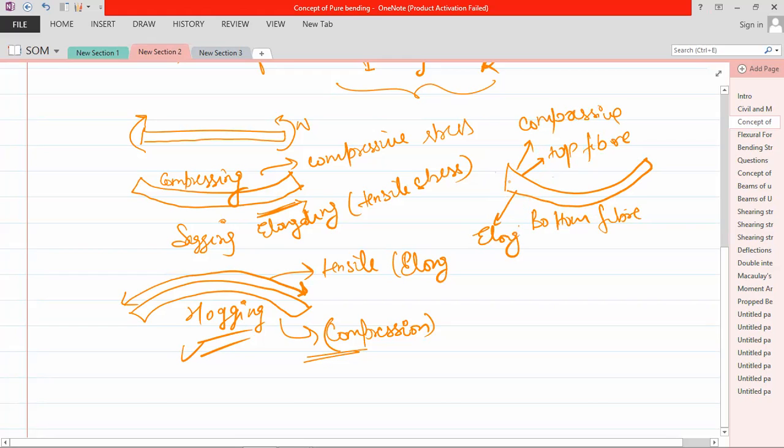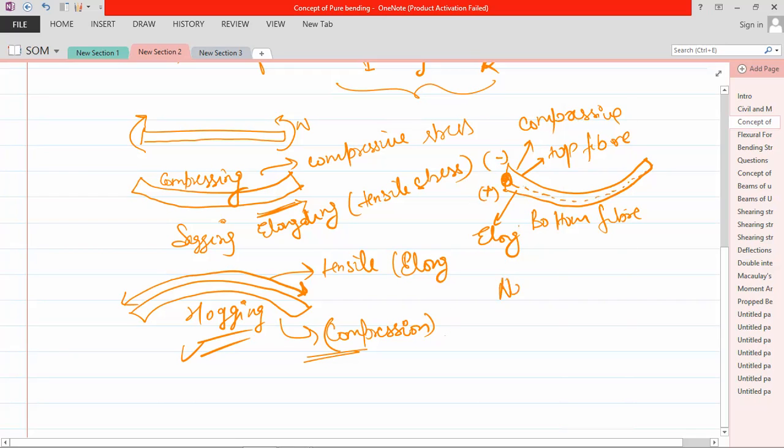So in between, there must be a point where the value is zero, which is neither elongating nor compressing, because if something is positive and something is negative, for a continuous thing there must be a zero in between. The plane where there is no elongation and no compression is called the neutral plane.